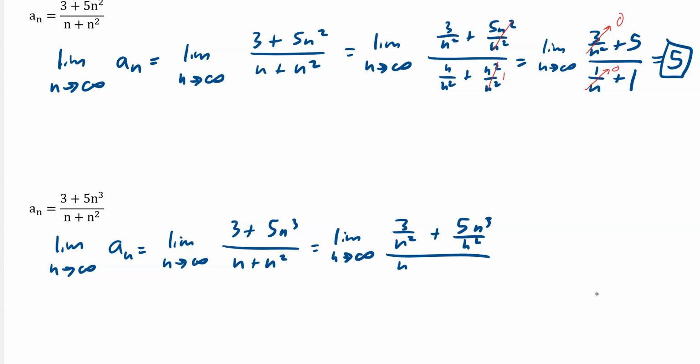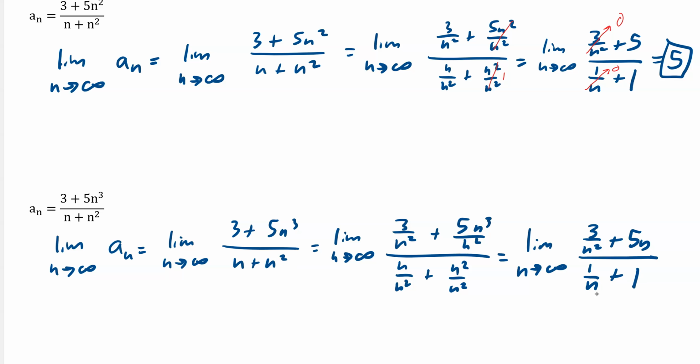Remember, we always use the bottom. Now we have the limit as n approaches infinity of 3 over n squared plus 5n, over 1 over n plus 1. We apply the rules again: anything that is a fraction with n going towards infinity, we're going to get 0.